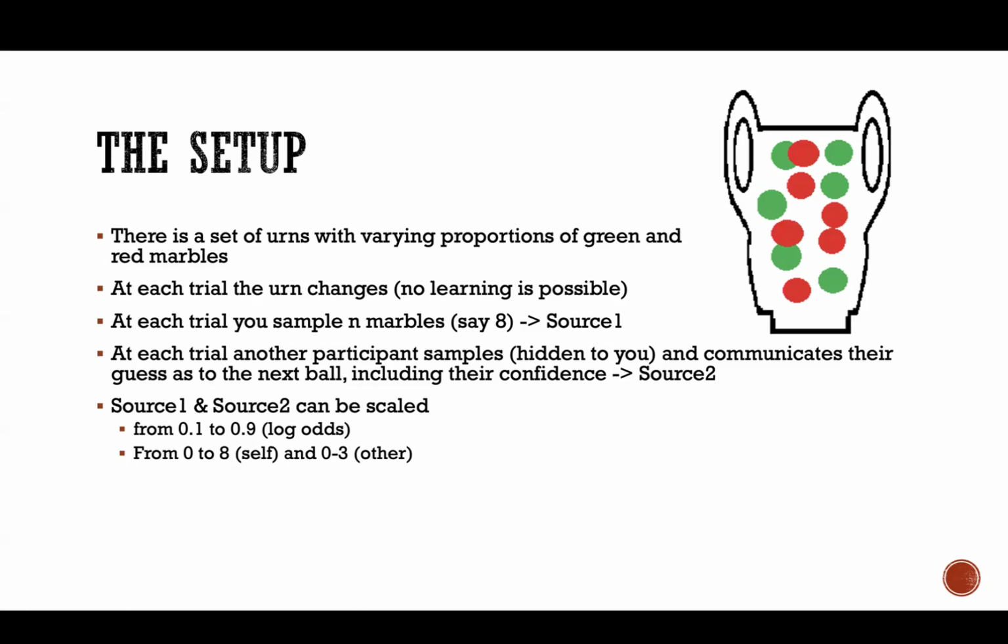That's the highest possible evidence for red without going all the way to 1, because in logit space, 0 and 1 are infinite and therefore tricky to treat. The same for the other: we can simply rescale confident green as 0.1, confident red as 0.9.